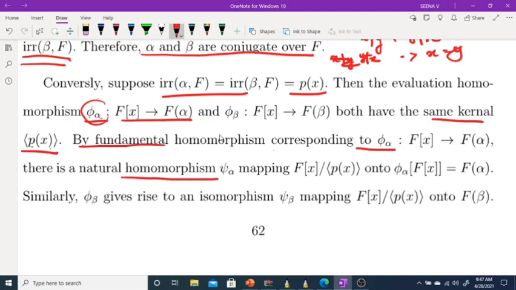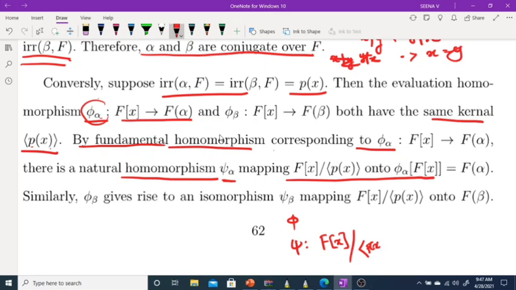there is a natural homomorphism psi alpha mapping F[x] over the ideal generated by p of x onto phi alpha of F[x]. Just go through the fundamental homomorphism theorem. Given phi, there exists a psi which maps from F[x] over the ideal kernel p of x to the image of phi alpha of F[x].